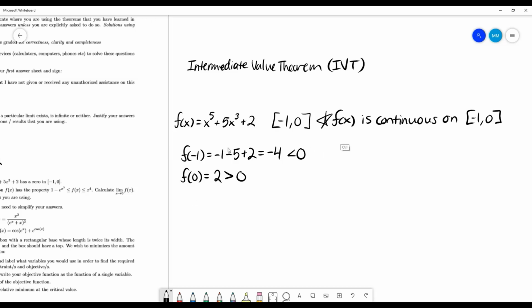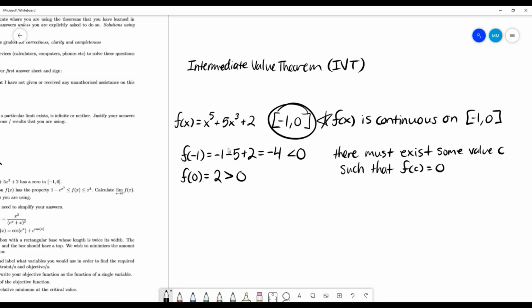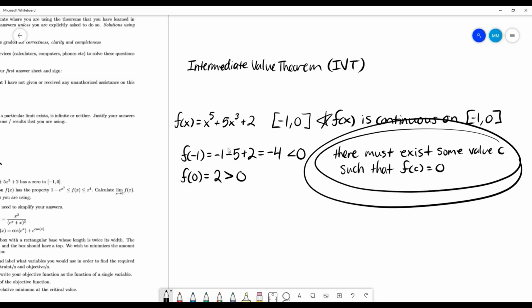So because of this, you would say that there must exist some value c such that f of c equals 0. So there must be some x value on this interval where, when we plug it into the function, it is a 0, when it crosses that x-axis. That's all that that means. And that's how we show that with our intermediate value theorem.